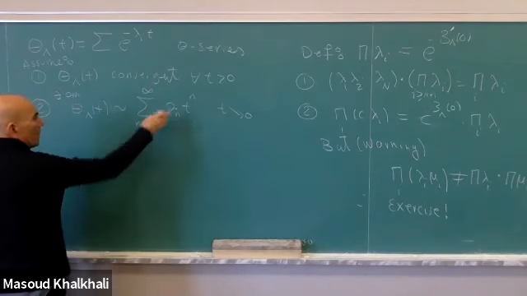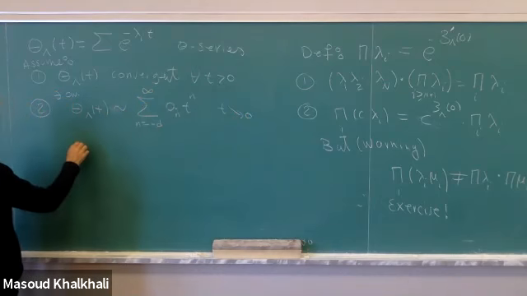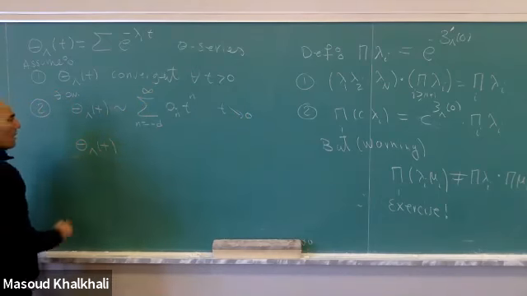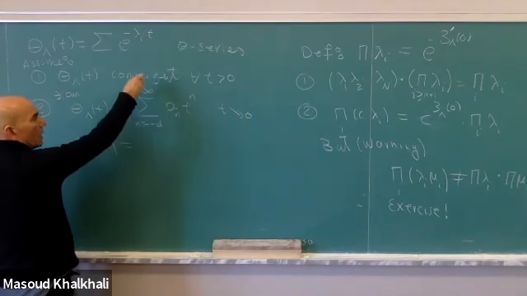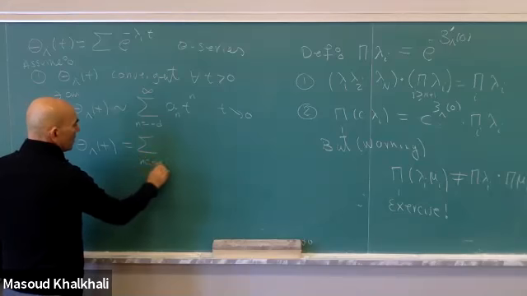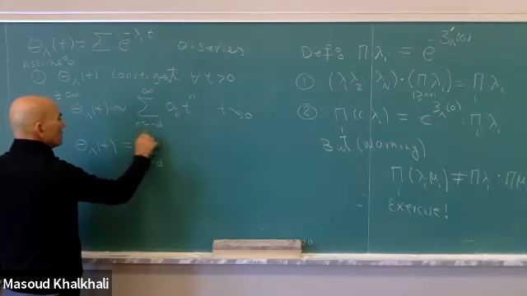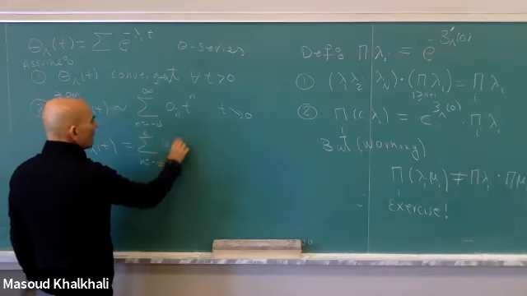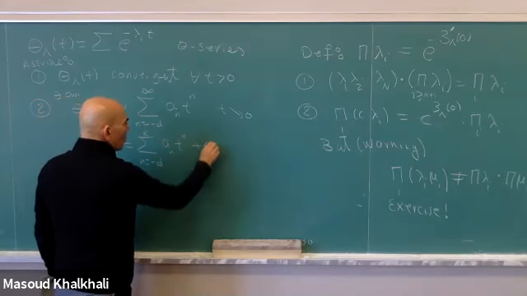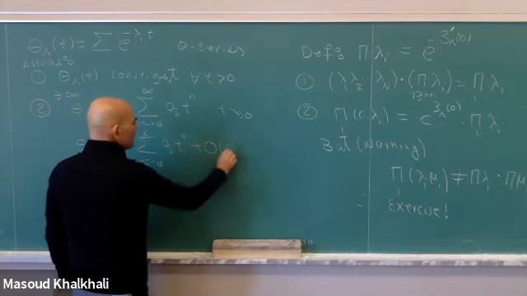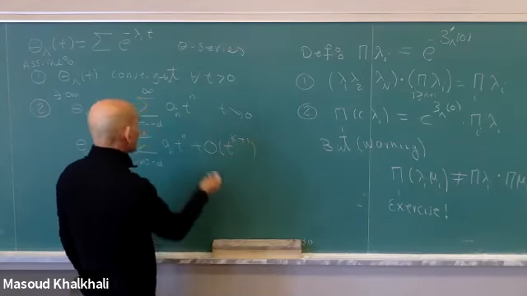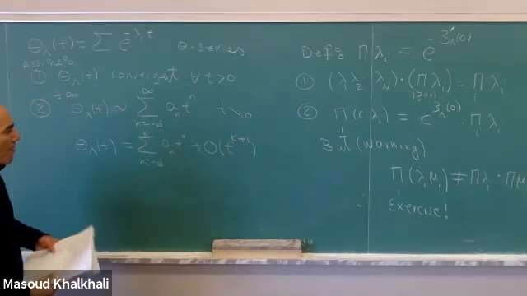And of course, the meaning of this asymptotic expansion is that we can always write theta t as equal to, if you cut down somewhere at finite step n from minus d to some k, the sum of a_n t^n, and then it's O, capital O, of t to the power k plus 1. It's the meaning of asymptotic expansion.